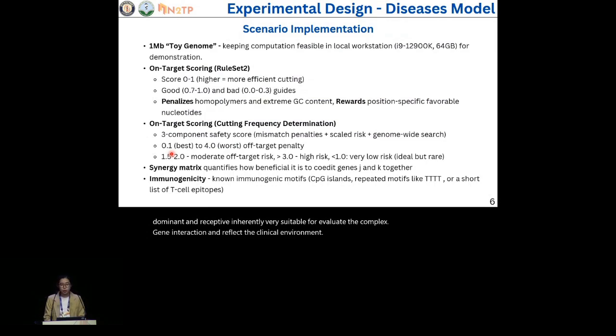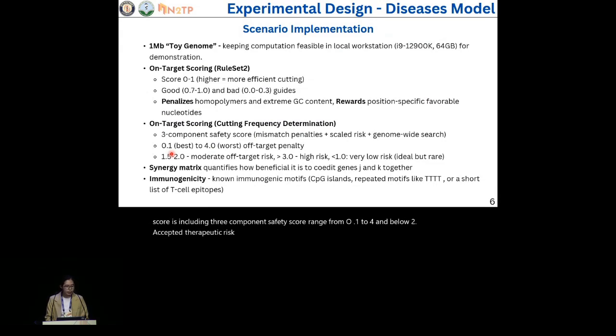About the computational framework, we used a one megabyte toy genome that's suitable for our local workstation. On-target is scored by Rule Set to range from 0 to 1. The off-target score includes 3 components, a safety score ranging from 0.1 to 4, and below 2 is accepted therapeutic risk.